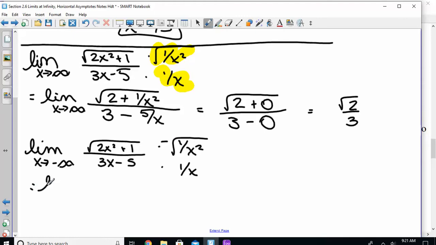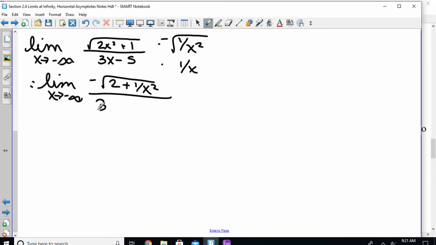So now if we simplify this, okay, I'm just going to keep my negative out in front. Basically divide each of these terms by x squared. So 2x squared over x squared is 2, minus 1 over x squared. 3x over x is 3, minus 5 over x.